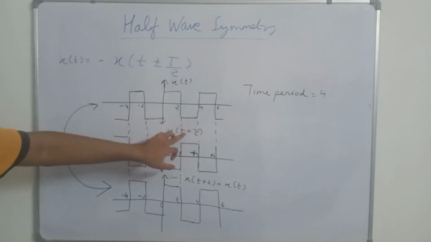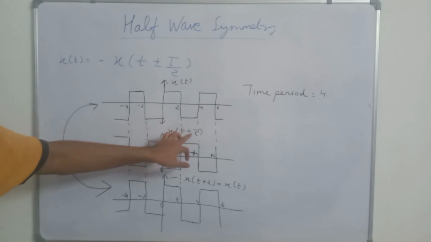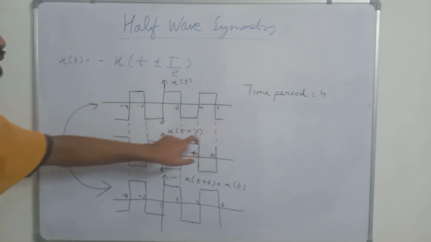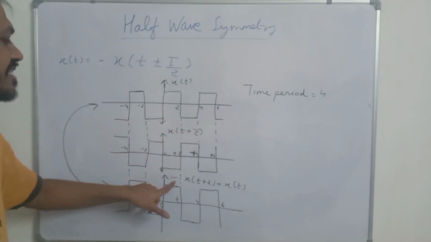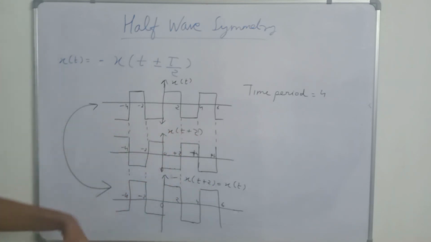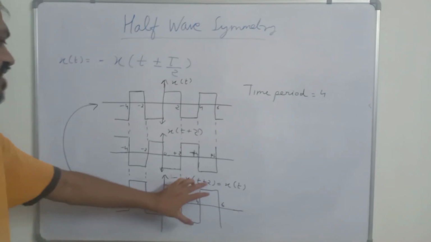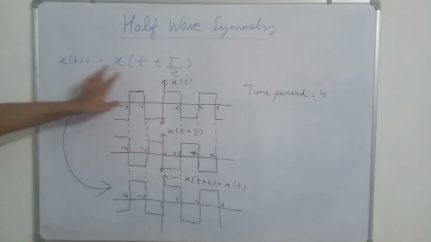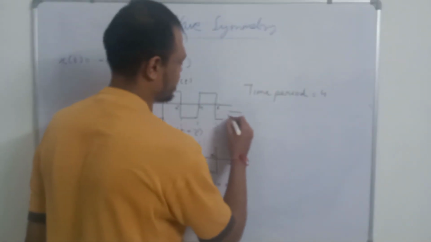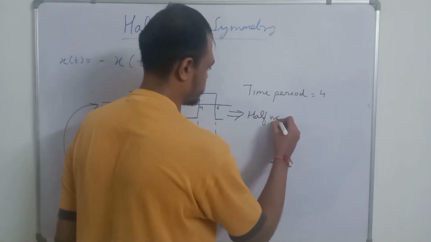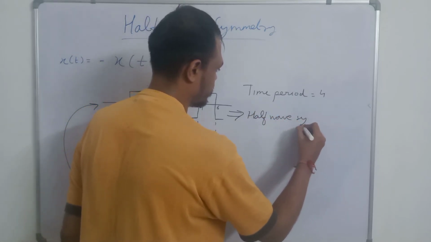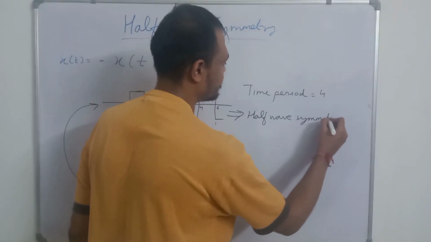First we did x of t plus T by 2; the time period was 4, so we did x of t plus 2. Then we did amplitude reversal to get minus of x of t plus 2, and we got the original signal x of t. It satisfies this relation, hence this signal is a half wave symmetric signal.